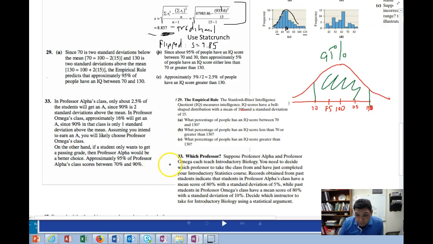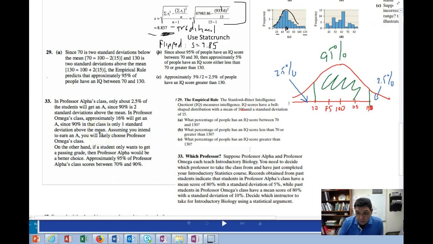What percentage of people has an IQ score less than 70 or greater than 130? If 95% fall within here, then here has to be 2.5%, and on the other side we have approximately 2.5%. So we're looking at a 5% total, like it says over here.